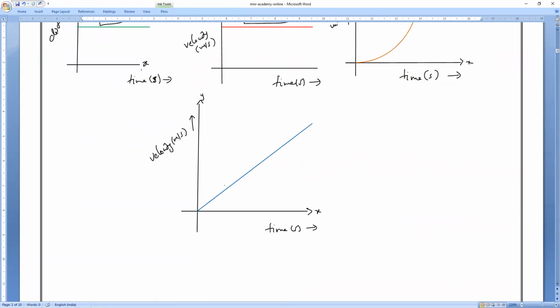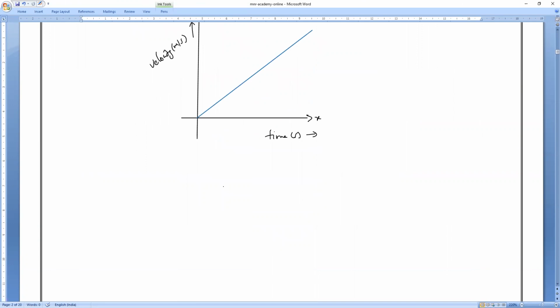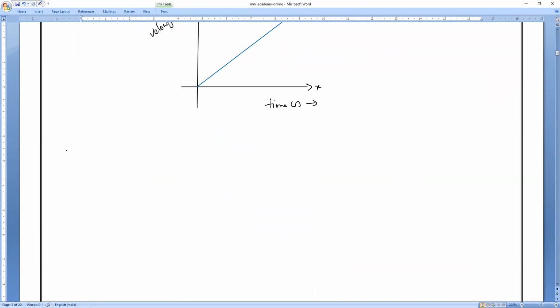Now we are going to solve 4 numericals for our today's class. One by one we'll solve. Let's write the first question. Question number 1.